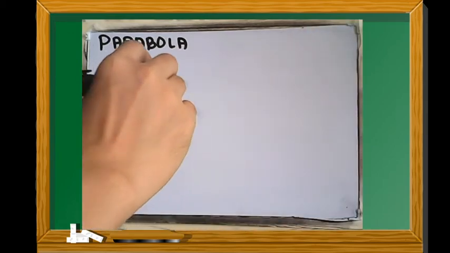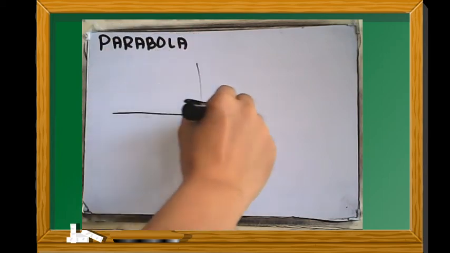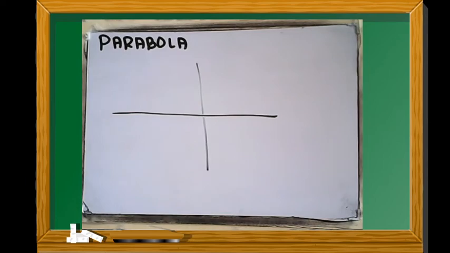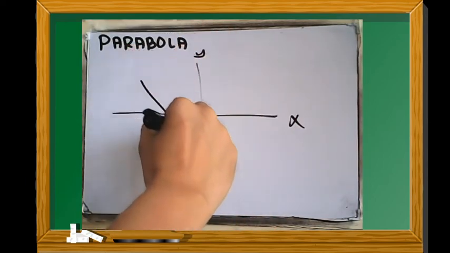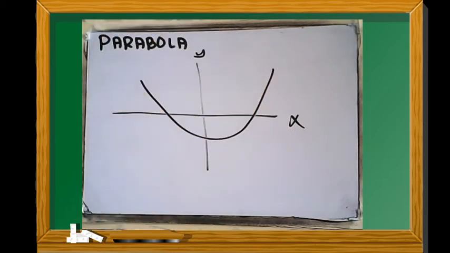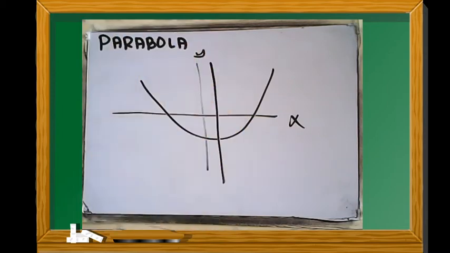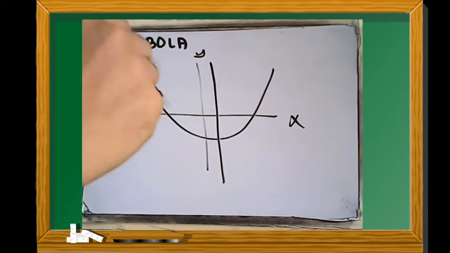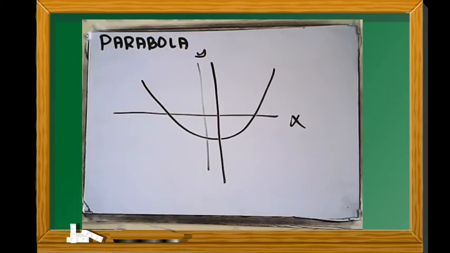So in the past lesson, if this is the Cartesian plane, x and y, for example, this is a given graph. If we say axis of symmetry, this is the line that cuts the parabola into two equal parts, or the line perpendicular to the x-axis or the y-axis, depending on the opening of the parabola.